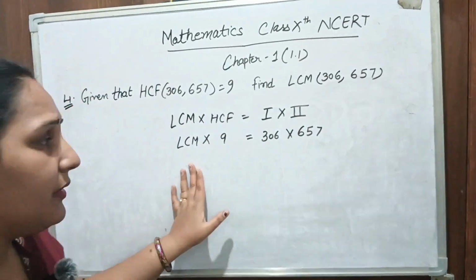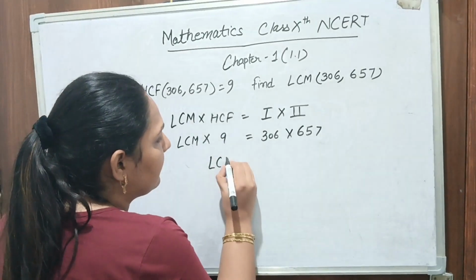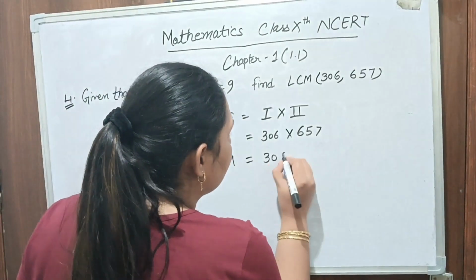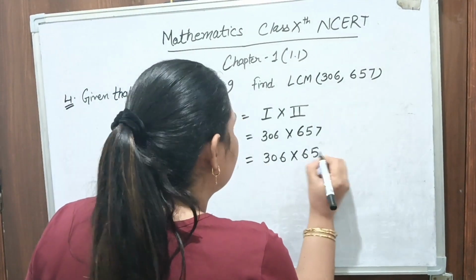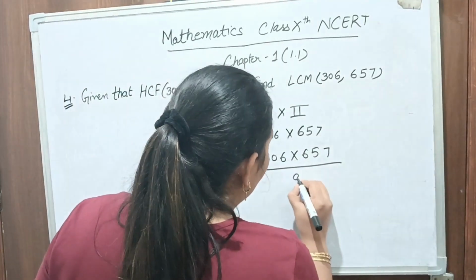How can we find it? LCM is equal to 306 multiplied by 657 divided by 9.